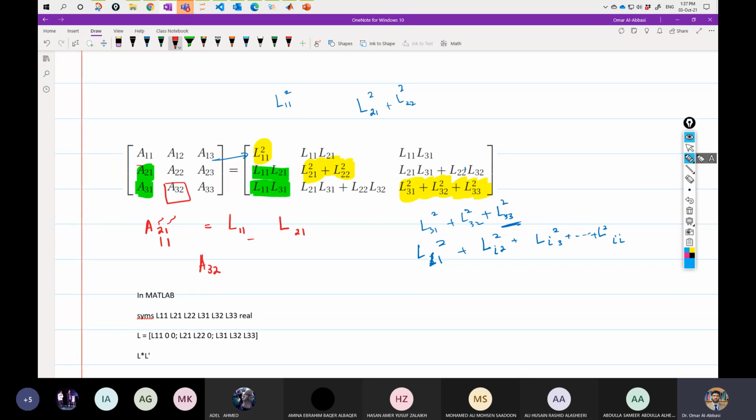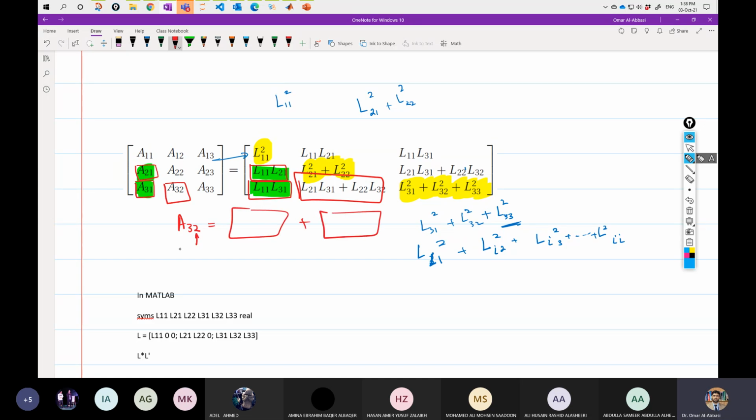First of all, for the 2,1 and the 3,1, we can see that it has only one element. You are not summing 2 elements. But when it has A32, you have 2 elements in that location. So for A32, we say something plus something, right? 2, because it has 2 elements. Like what do we have?